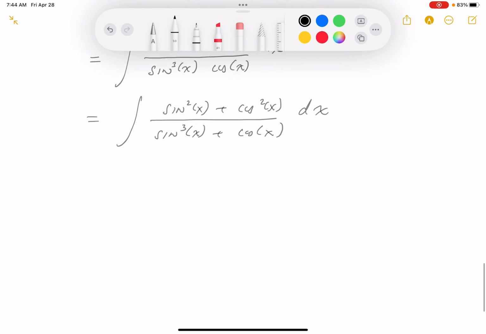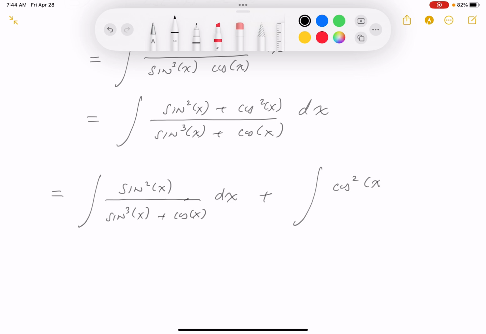The next thing I want to do is split into two integrals. And the two integrals are going to be sine squared x over sine cubed x plus cosine x dx, plus cosine squared x over sine cubed x plus cosine x dx.